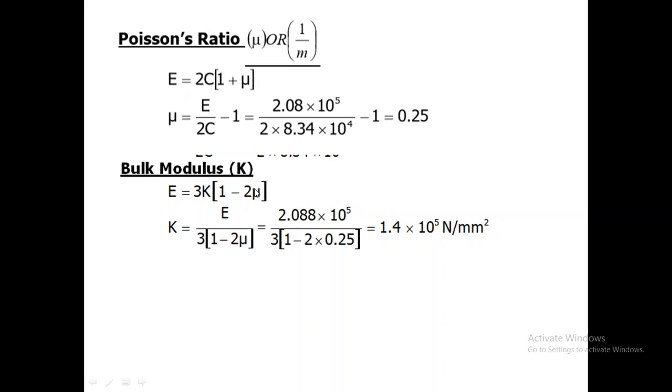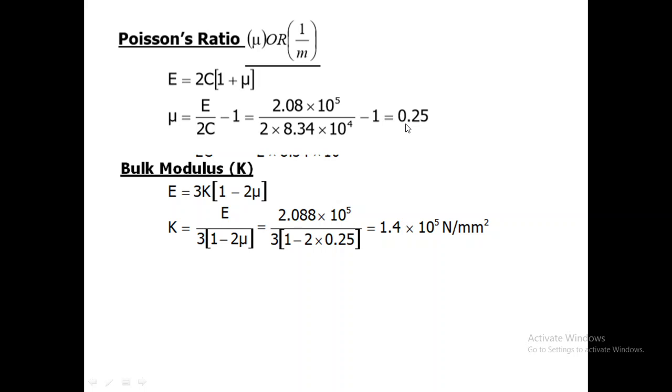Since Poisson's ratio is given here, we'll use the equation which relates Young's modulus and the bulk modulus. There is no rigidity modulus here. Substitute Young's modulus, which is known, and all these are unitless. Mu is just now found out, 0.25.